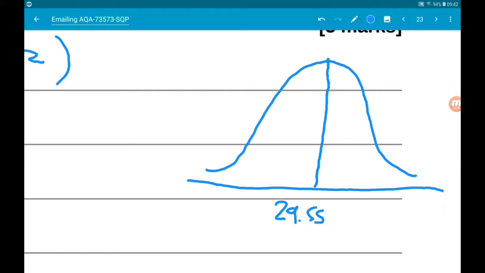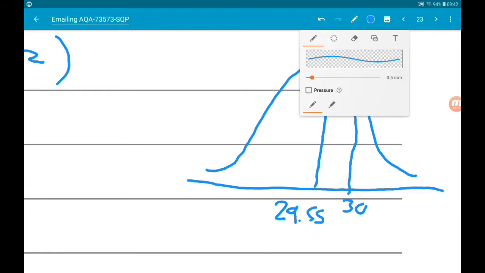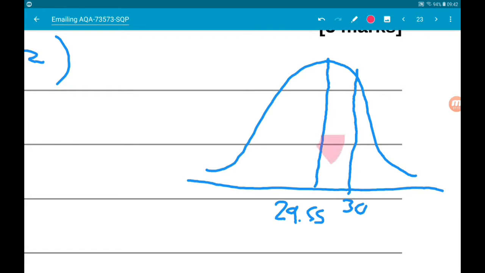Now we know that the area less than or up to 30, all of this area in here, is 0.55.